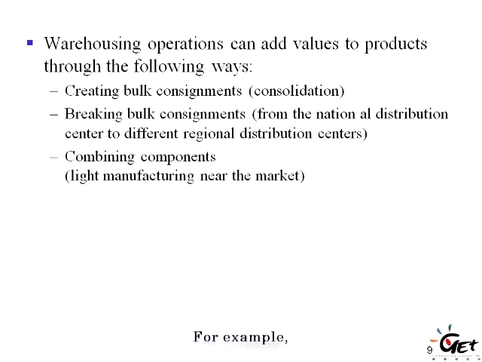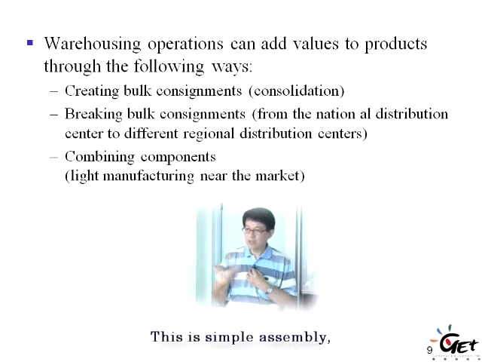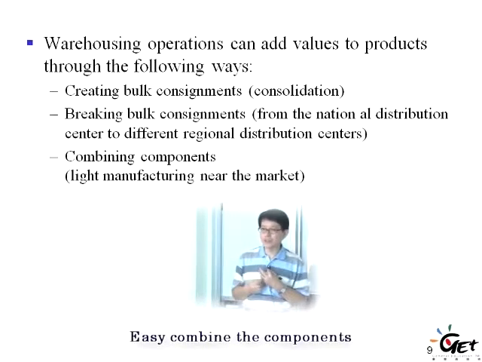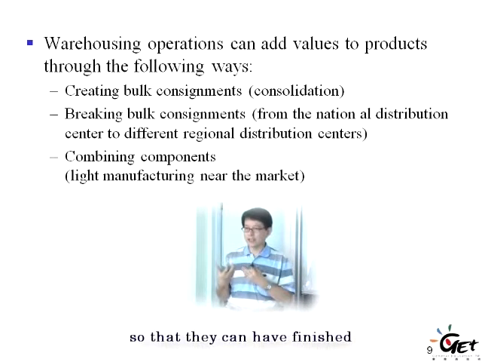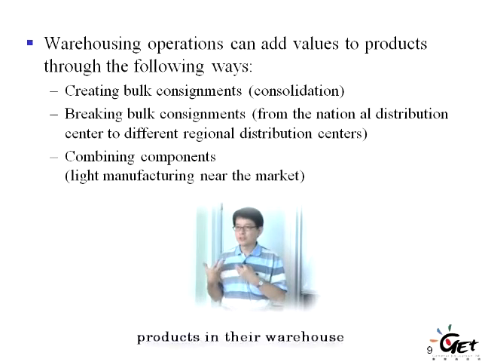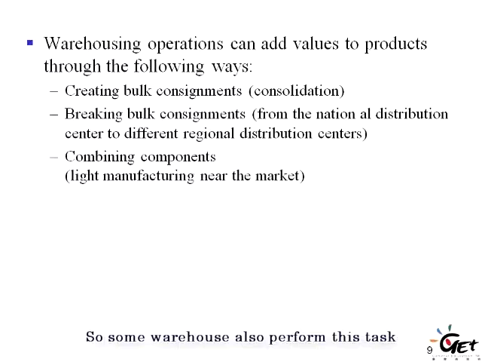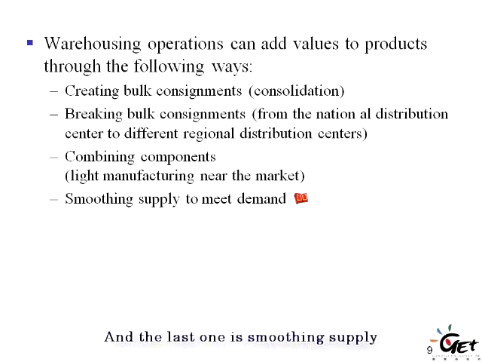Okay. For example, some distribution centers can do the assembly of the bicycles, right? So this is a simple assembly, or we say easily combine the components so that they can have the finished products in this warehouse. Okay. So nowadays some warehouses also perform this task. Okay. And the last one is smoothing supply to meet demand. Okay.